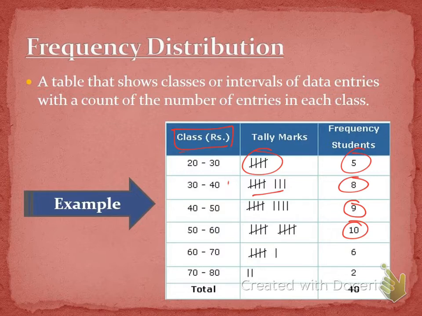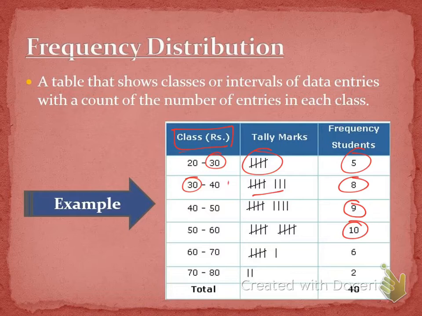But if you notice, the upper limit of one interval is the same as the lower limit of the next one. So if you're going to do it this way, which is perfectly fine, you have to define where 30 would fall. Should 30 fall into the lower interval or in the upper interval? And that will completely depend upon you, and the decision you make there will affect your distribution.